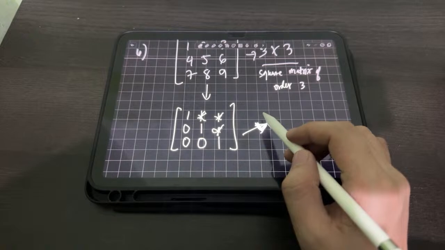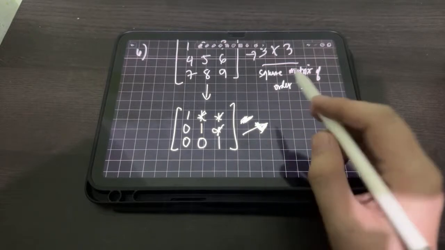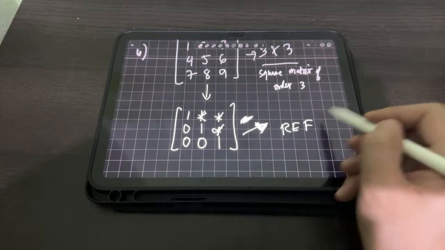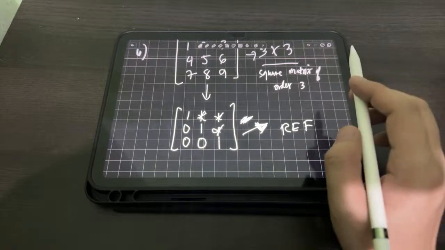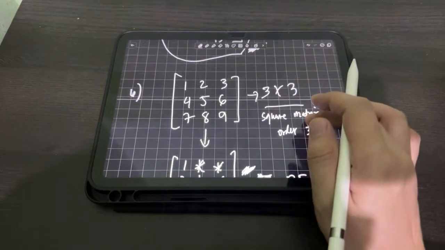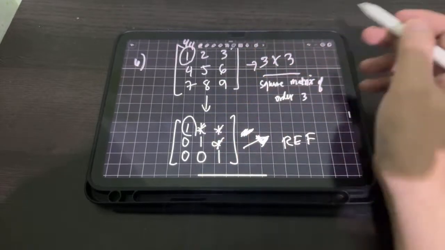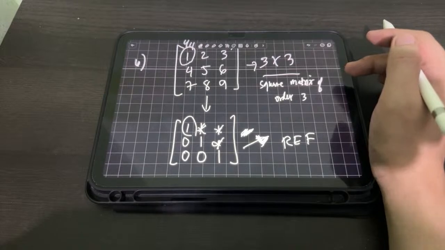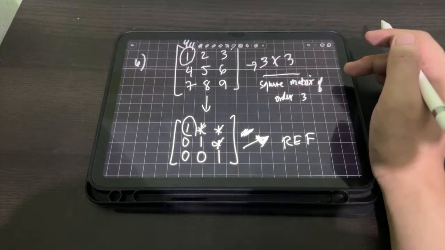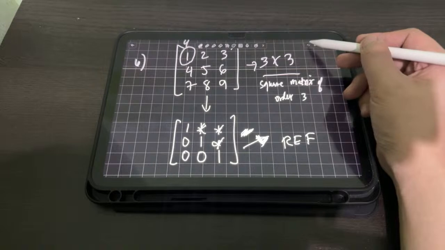If it's a 3 by 3 matrix, or a square matrix of order 3, this is the pattern for REF. So the first goal is to make the first entry a11 equal to 1, which is already 1, right? So we don't need to do anything.